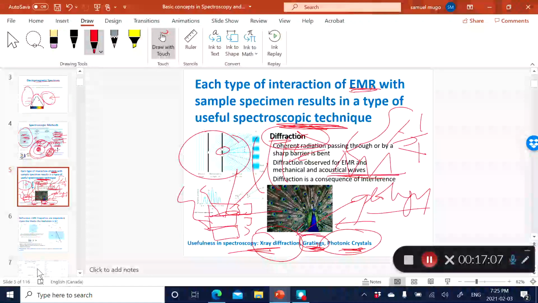Because of that, the light can hit those films, and at the interface you get diffraction. And so based on that, you can get different types of colors.